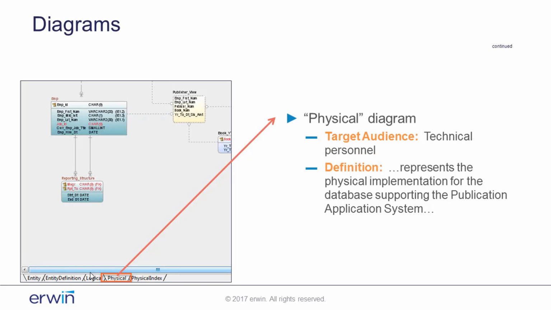Our fourth diagram, the physical diagram, has a solid medium gray background. Here, though, each box represents not an entity, but a table in the database. And in fact, up here near the top right, this is a database view. Database views don't even exist on the logical side of the model.